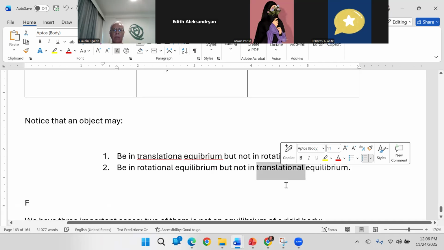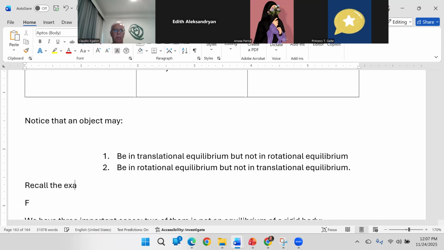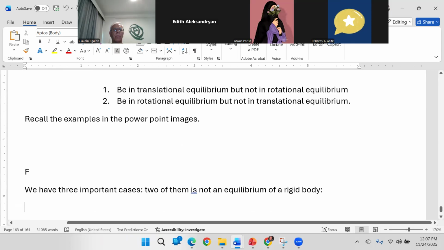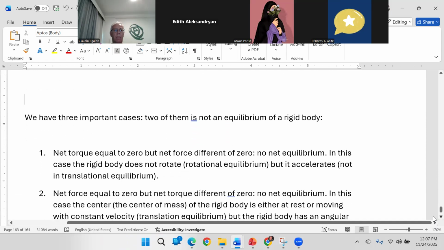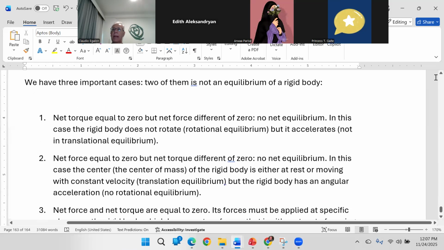Recall the examples in the PowerPoint images. Okay, so that's it, and an object will be, and 3.